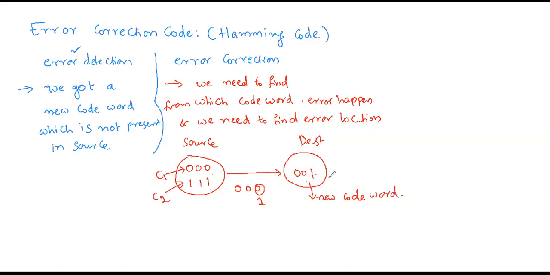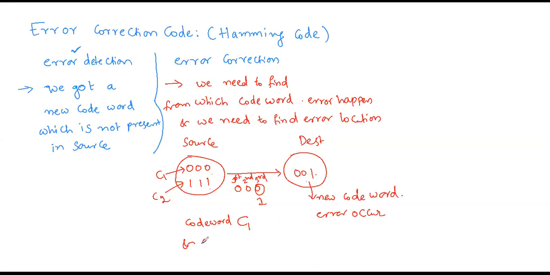So for this new code word we need to identify from which code word the error has occurred, either C1 or C2. In error detection, this is a new code word, so an error occurred. That's all. But in error correction, we need to identify from which code word the error happened. Here, the error happened in the code word C1. Again, we need to identify the location: this is the first bit, second bit, third bit.